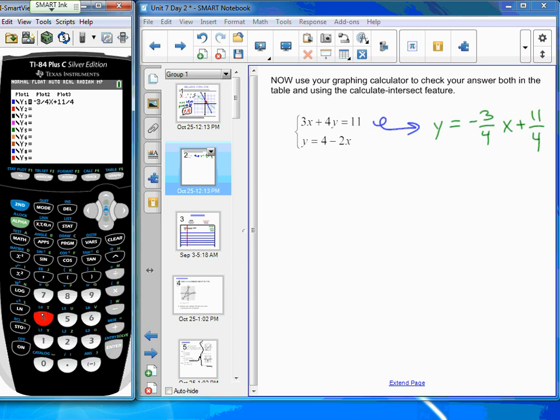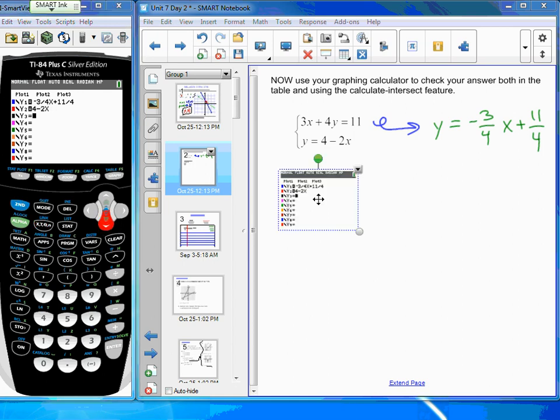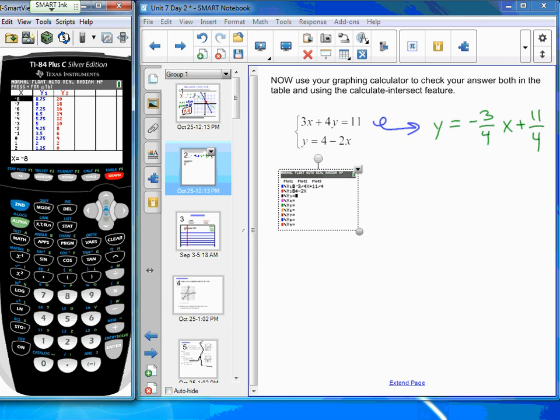I want to make sure you're comfortable doing second calculate intersect, but first we're going to do Rachel's way. 4 minus 2x. All right, so Rachel's way was, let's go ahead and take a look at my table and scroll. I'm looking for the solution to the system in a table, second graph. I could scroll up or down until I find for a given x value is the same y value produced.